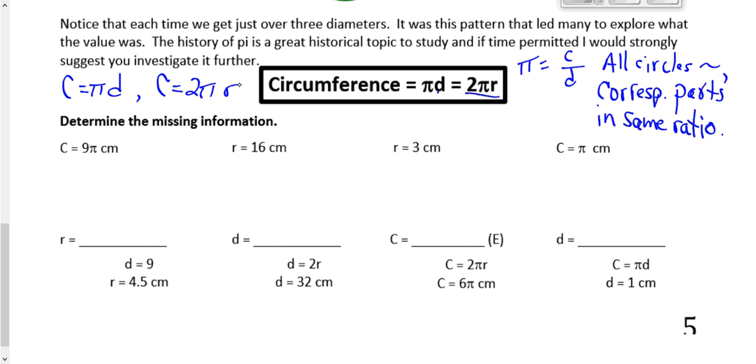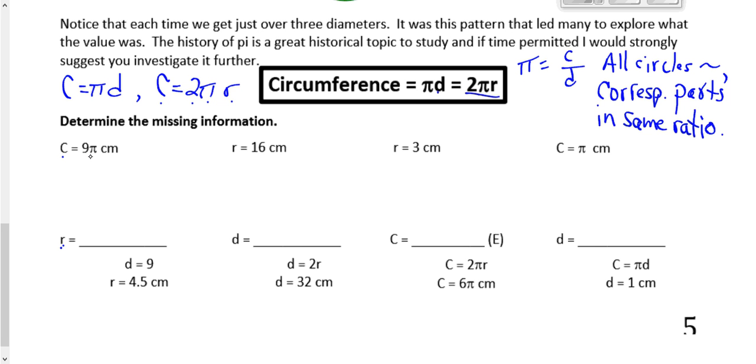But let me show you how to set it up this way. If things are equal to other things, can we substitute them? Right? So C, they want radius, right? So C here equals 9 pi, but we also know that C equals 2 pi r. What equation could I set up with substitution?